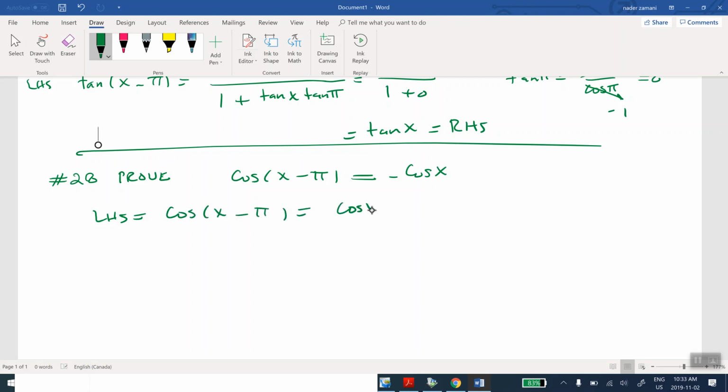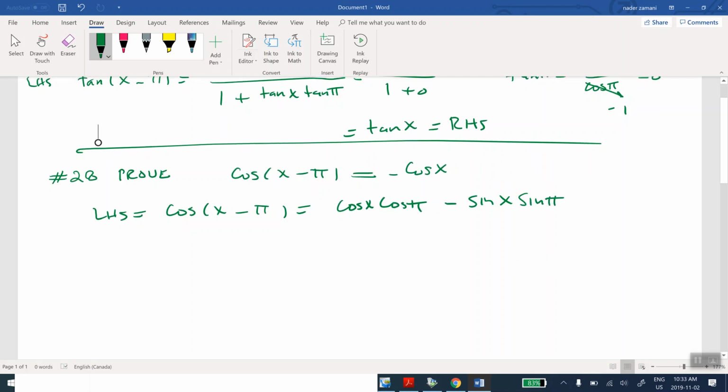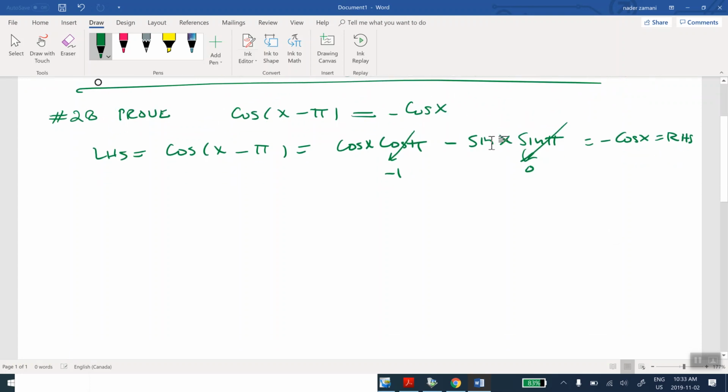It's going to be cos x cos pi, oops, minus sine x sine pi. Sine pi is 0, cos pi is minus 1. This is minus cos x, which is your right-hand side, as was expected.